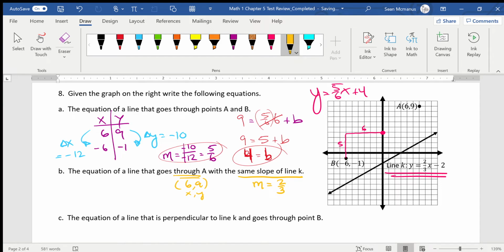I have to solve for the b. y equals mx plus b. So 9 equals 2 times 6 is 12, 12 divided by 3 is 4, so 4 plus b equals 9. The b has to be 5. So y equals 2/3 x plus 5.